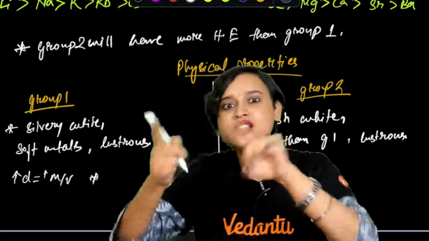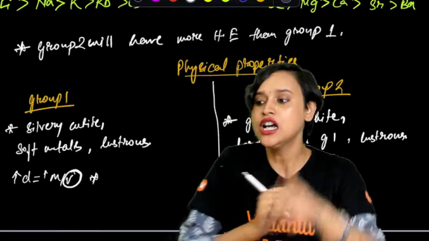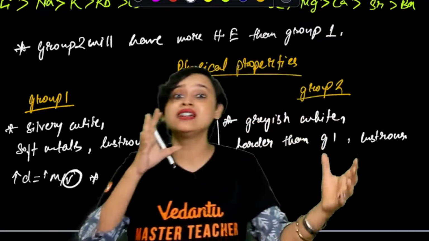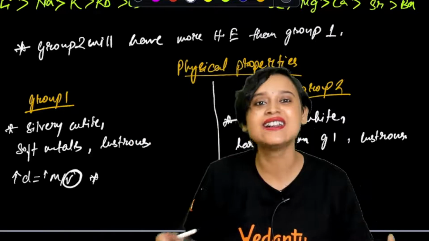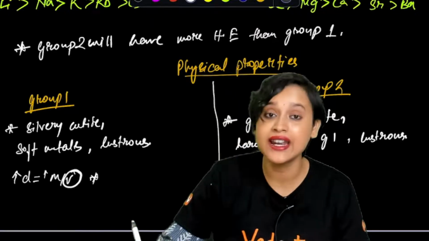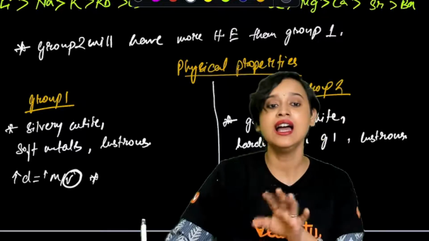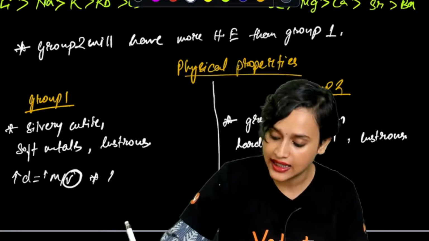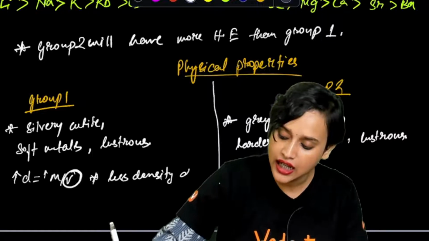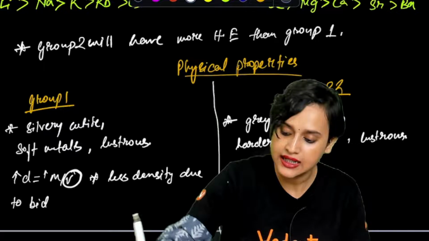Now the mass and the volume become the deciding factor here. The volume is really high, so density reduces. So what can I write? I can write that alkali metals are bigger in size and that is why they have less density, due to big size.